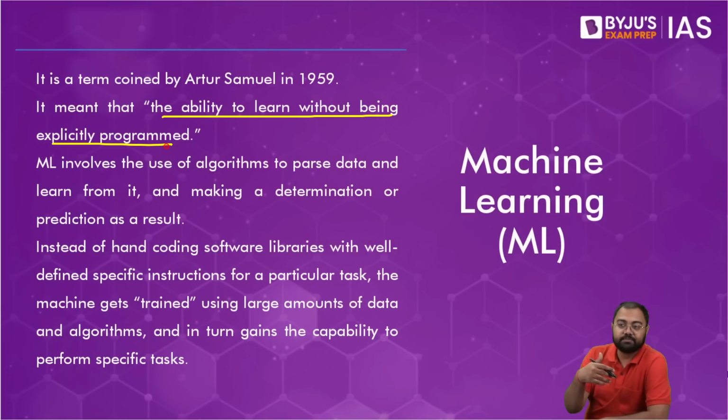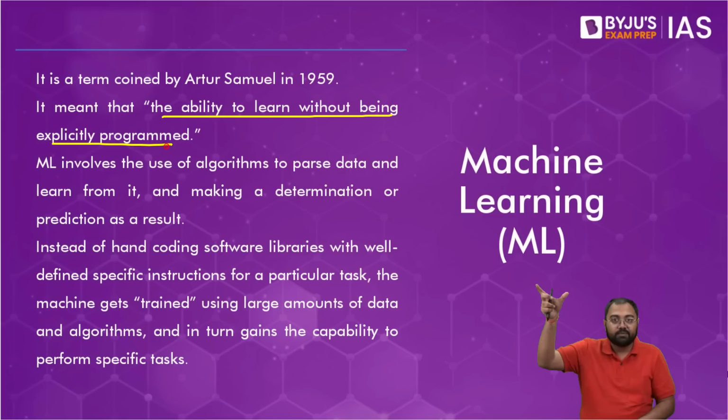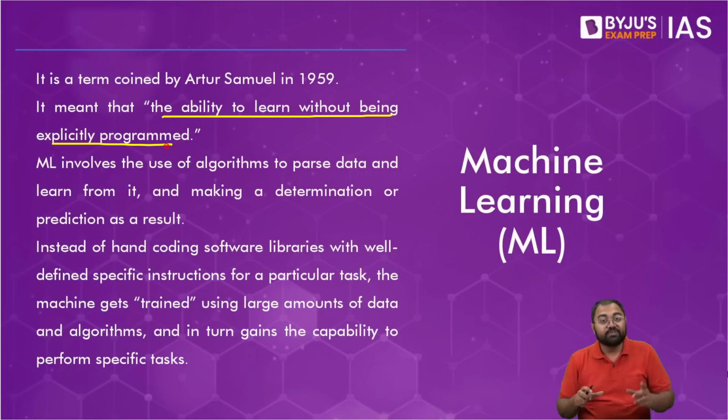For example, if you do a Google search and start typing, you will see that it tries to finish your sentences, right? Why? Because there are so many people who have searched something similar. So the most common search will be pushed up, maybe in your area, your state, or your district. These kinds of customizations happen, and this is where the machine is learning, because a lot of data has been fed and it has started to understand the pattern.